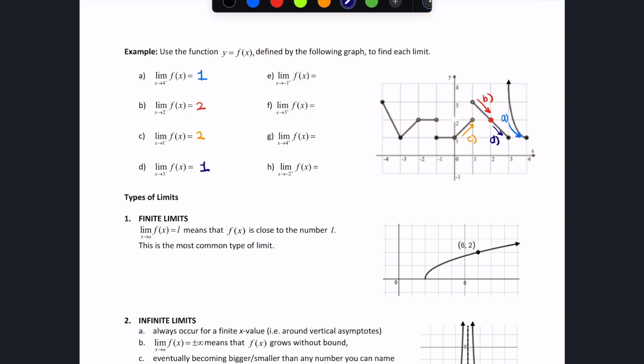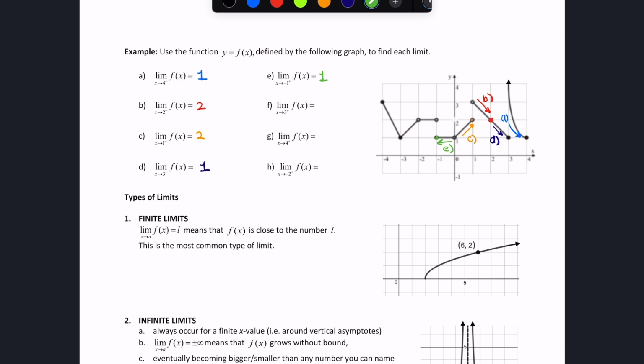Okay, let's continue. The limit as x approaches -1 from the positive side. So as x approaches -1 from the positive side, that is e. So we see here, let's do this in green. This would be e, and we see that that would be equal to 1.